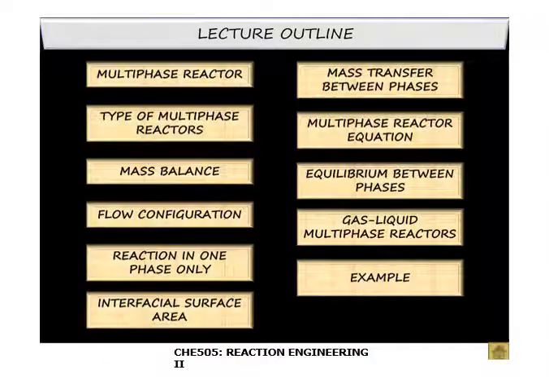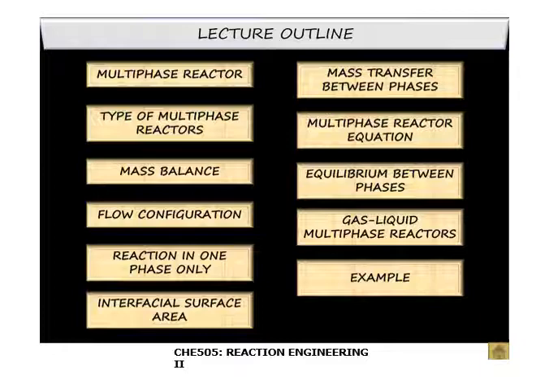In this topic, the subtopics will include multiphase reactors. What are the types of multiphase reactors? The mass balance: we'll be looking at how to calculate the mass balance in multiphase reactors.